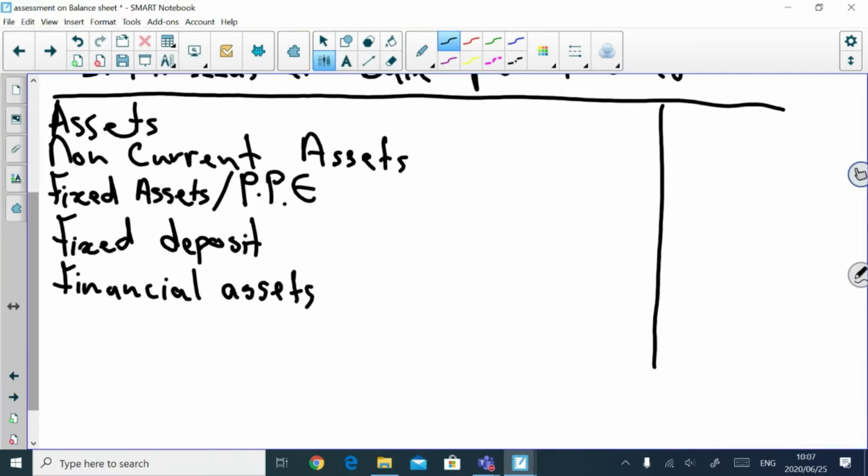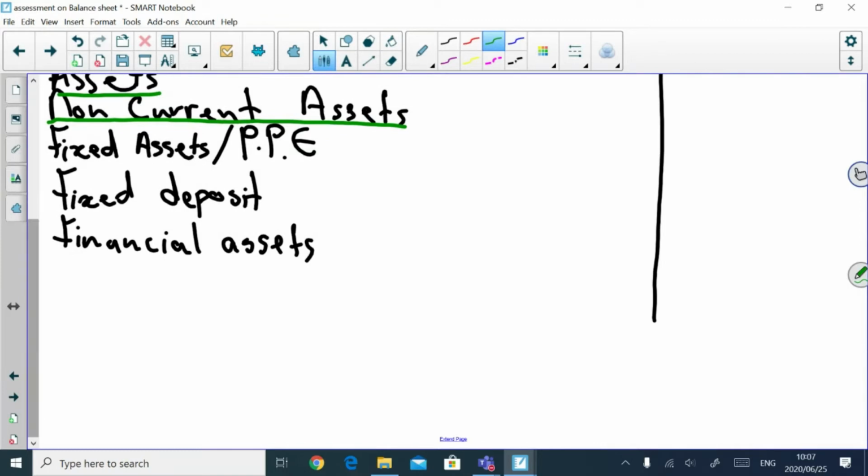Then we've also got your current assets.